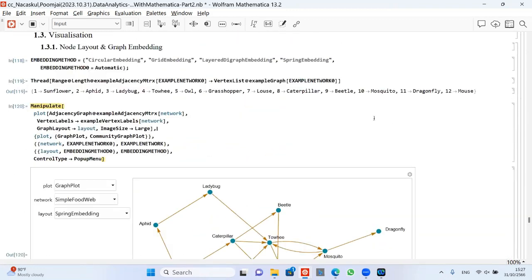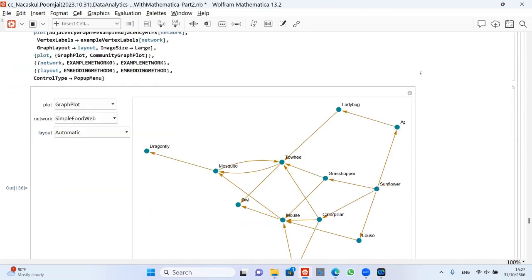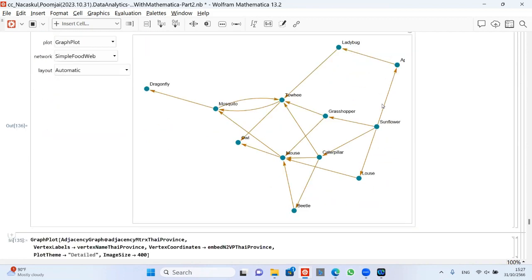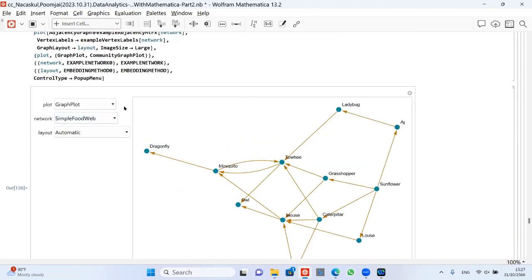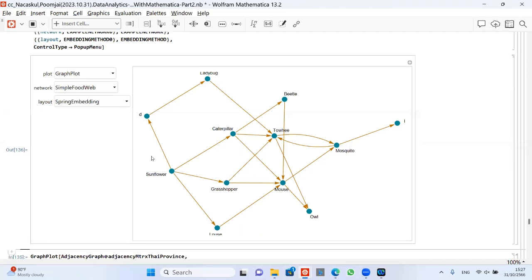Now, let's go one more step. This one here, let's go back to the same thing, right? The ladybug and who eats whom, dragonfly, and let's use a spring embedding layout. Or let's look at Eurovision votes.